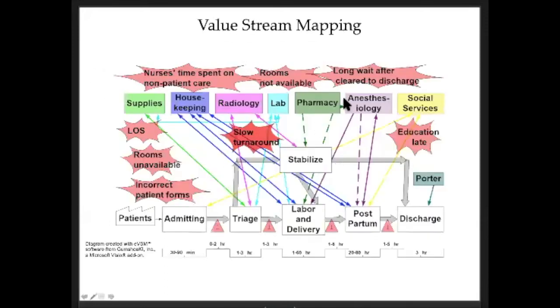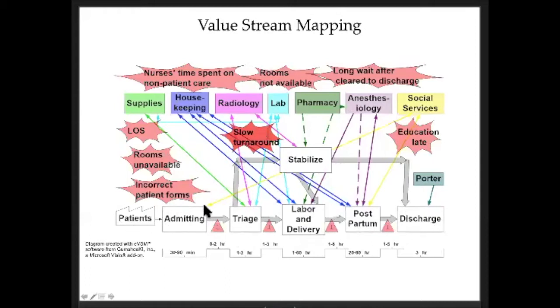So for instance, this is just an example of a patient getting admitted, going through triage, labor and delivery, postpartum, and then discharge. And there are certain wait times in between. What we see here is the flow of the patient through different departments.